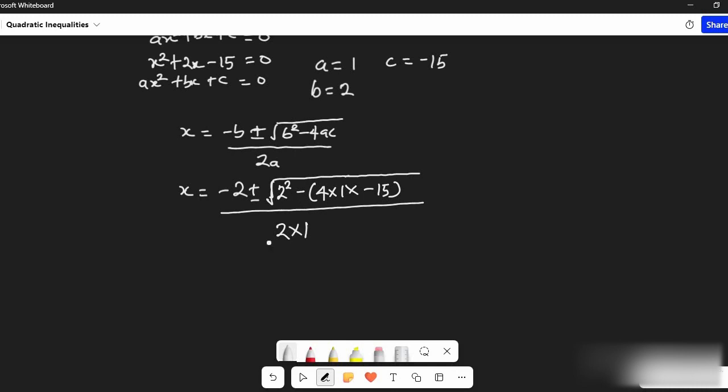Remember, a is 1, so we have it like this. So x equals minus 2 plus or minus the square root of 4, because 2 squared is 4, minus 4 times 1 times minus 15, that gives minus 60, over 2.